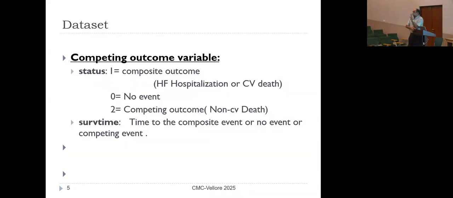We assume it doesn't really change your risk much for the event of interest. But if it precludes you from getting it, then we worry about it. So for the original outcome of the trial, the competing outcome was non-CV death. And survival time is the time to the composite event, or no event, or competing event. So when you're doing competing risks, you have the survival time. That's what's in the data set.